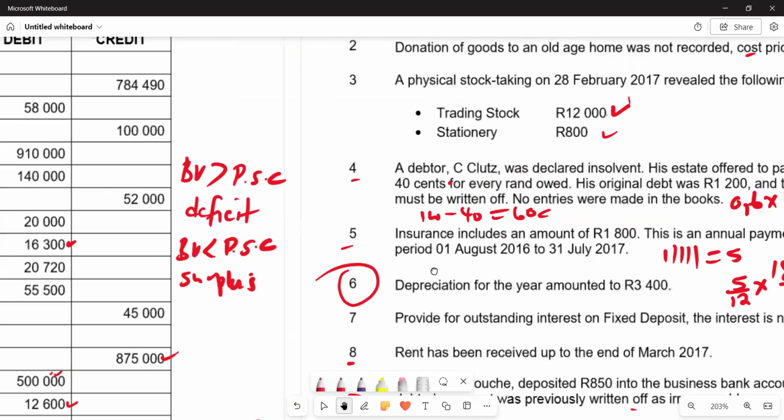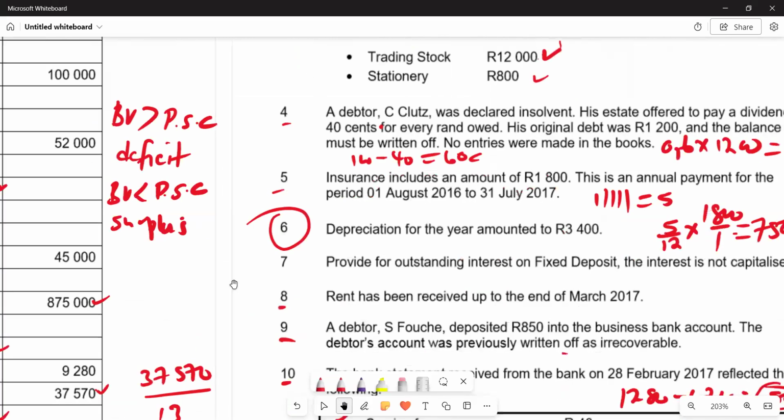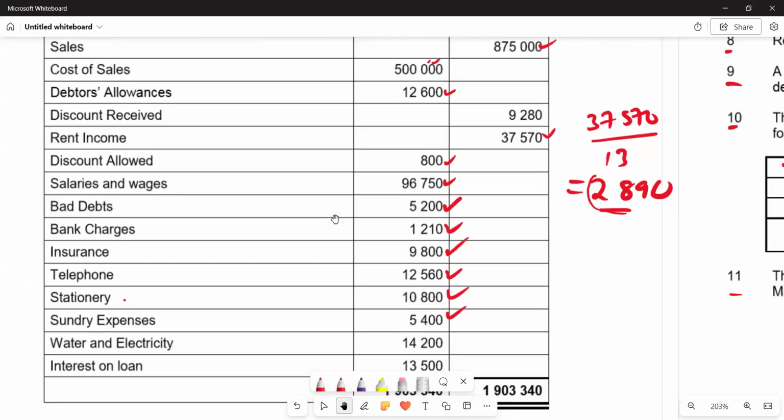We have got item 7, which is saying provide for interest on fixed deposit, the interest is not capitalized. So for interest income, we come here. In the question, let's try to see if we are given interest on fixed deposit.